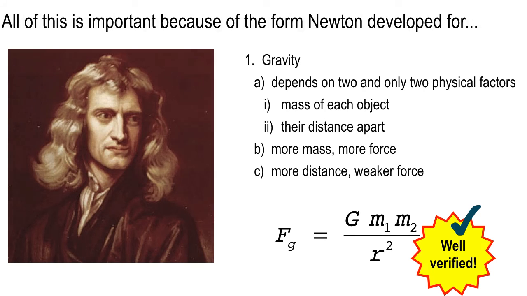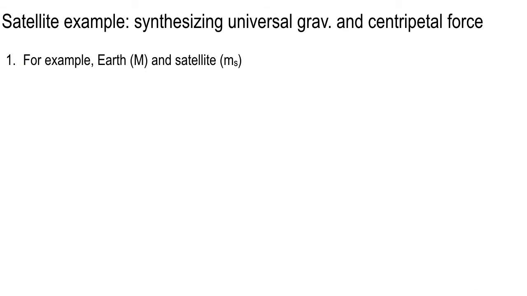But I want to do some satellite examples with you, and what we're going to do with this is show you how the theory of universal gravitation, G m1 m2 over r squared, and the idea of centripetal force help us out with practical everyday satellite technology.